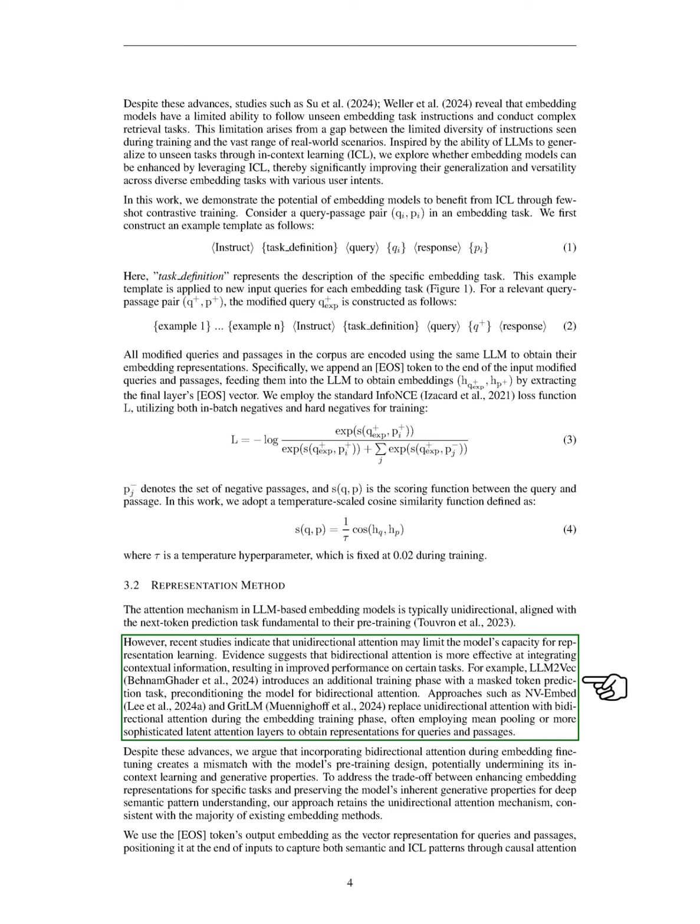Some models have introduced bidirectional attention during training, but we argue that this could conflict with the model's pre-training design. Therefore, we maintain the unidirectional attention mechanism, using the output embedding of the EOS token as the representation for queries and passages, aligning with the foundational pre-training of LLMs.